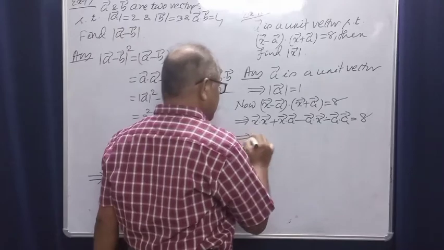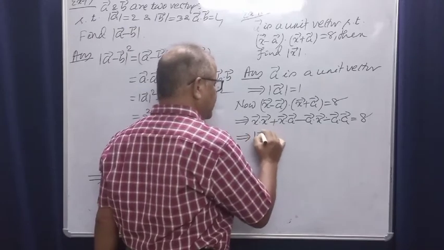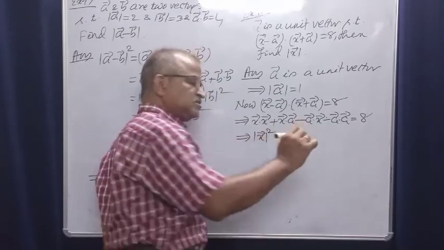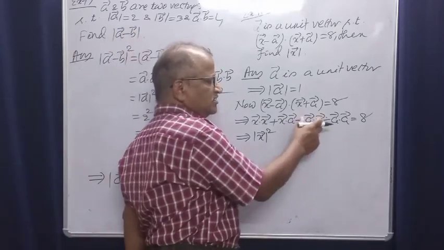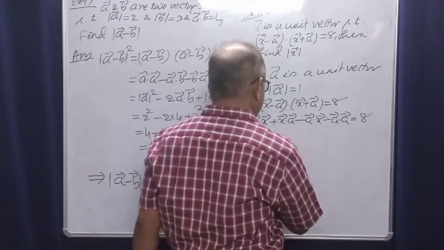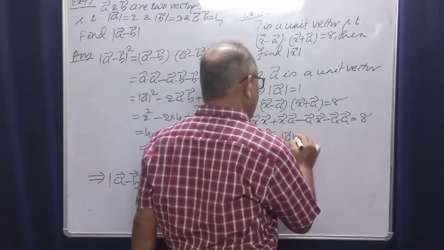This implies x dot x means I can write it magnitude of x square, and you see x dot a, they will cancel each other, and minus magnitude of a square.